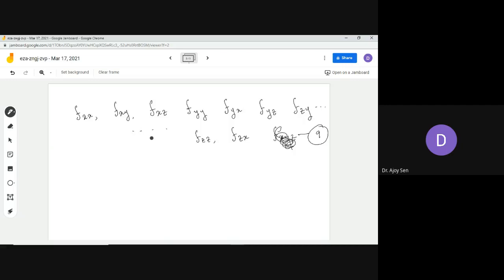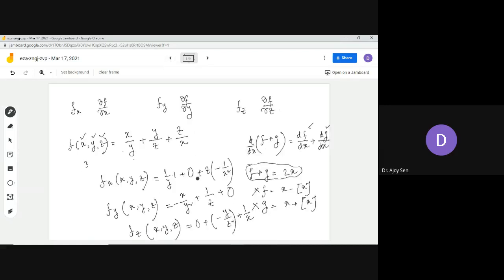So whenever this thing will be asked, you must know that fxx is nothing but the partial derivative with respect to x of fx. So what is fx? You have fx on the last page, and fx is nothing but 1 by y minus z by x square, and you have to take the partial derivative of this function with respect to x.